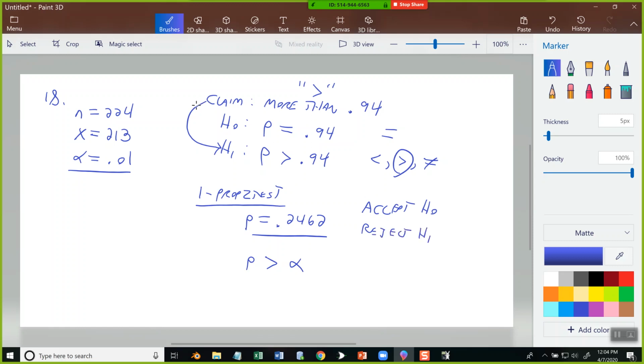And since our claim matches H1, whatever we say about H1 is what we say about our claim. We rejected H1, so that means we'll reject our claim. And again, the entire thing there is your answer. It's not just accept or reject the claim. It's the entire piece because you're trying to verify the study.